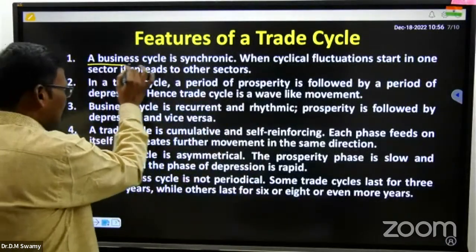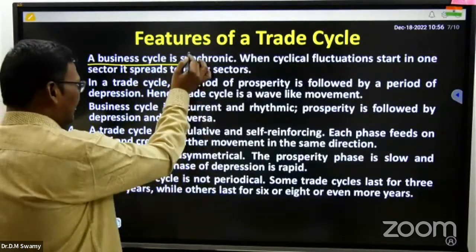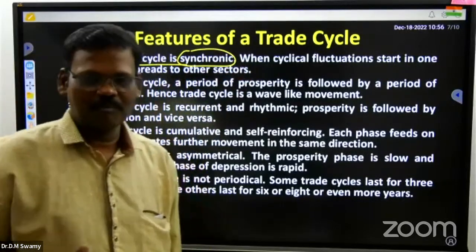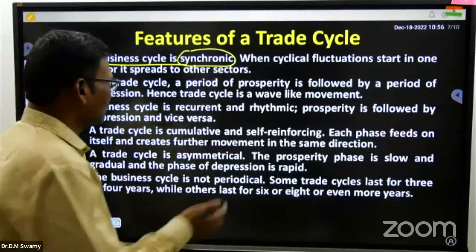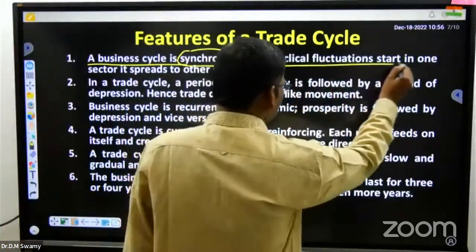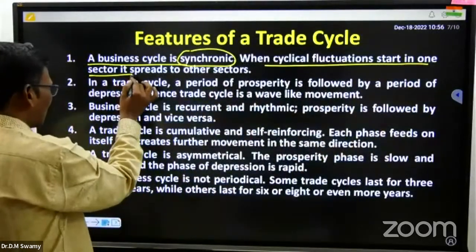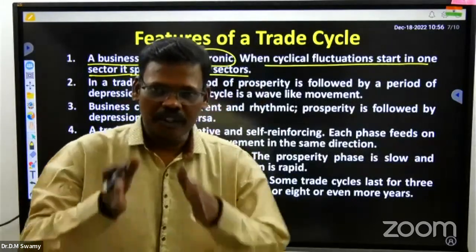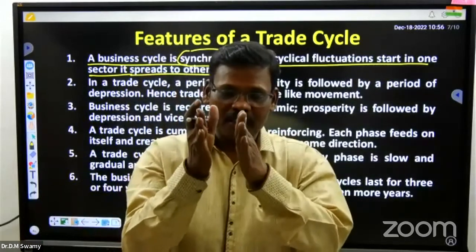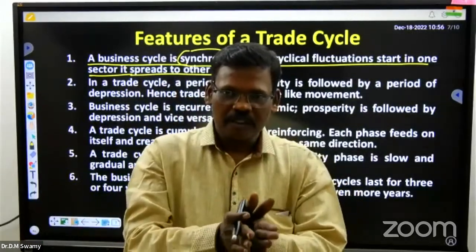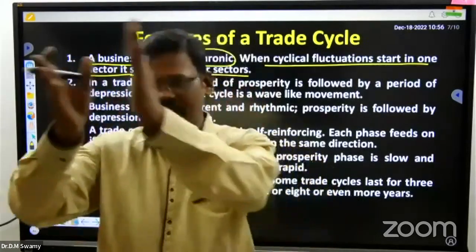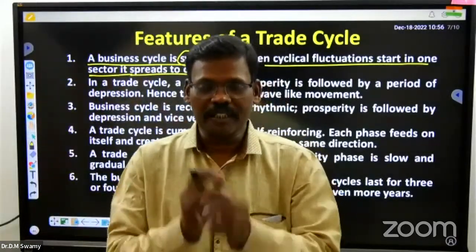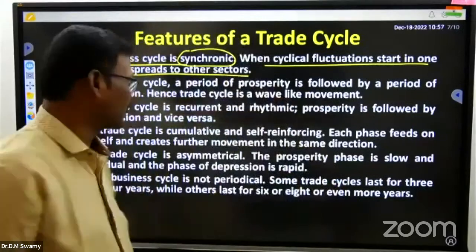A business cycle is synchronic, meaning when a cyclical fluctuation starts in one sector, it spreads to other sectors. If any fluctuation starts in one particular sector, its impact will be felt in other sectors also. That is one important characteristic of the trade cycle.